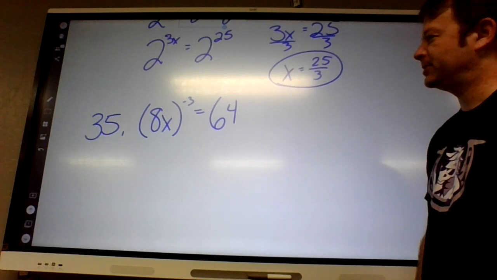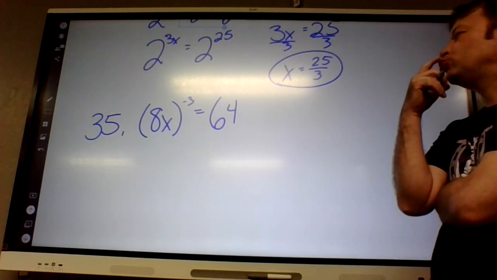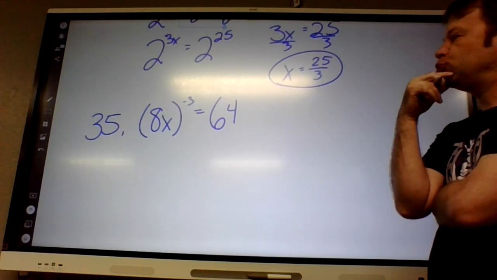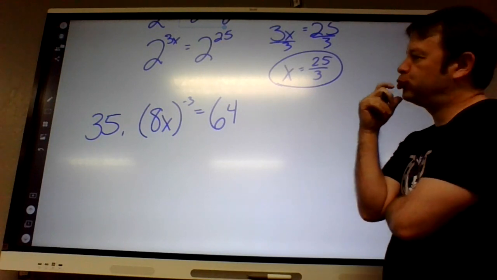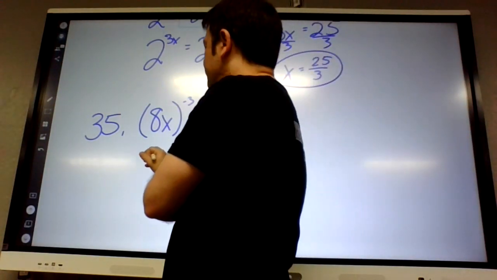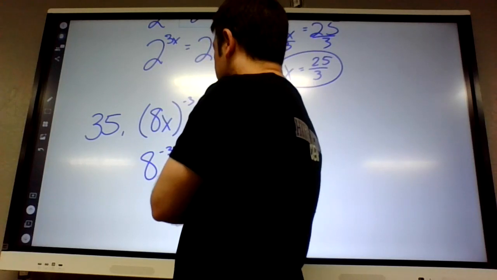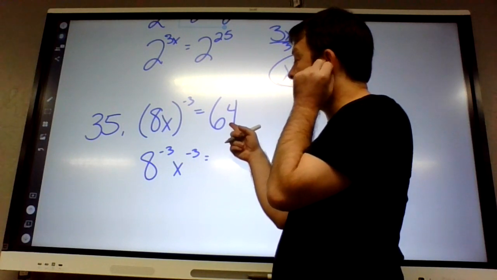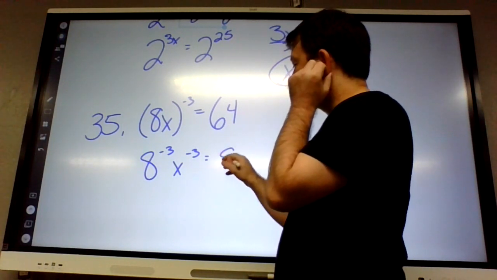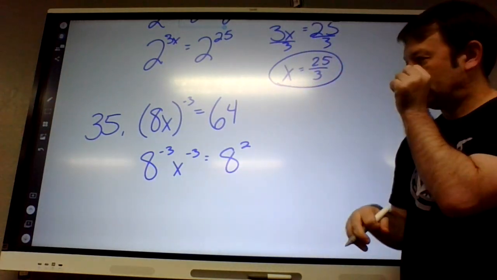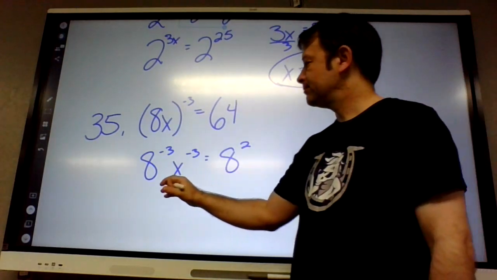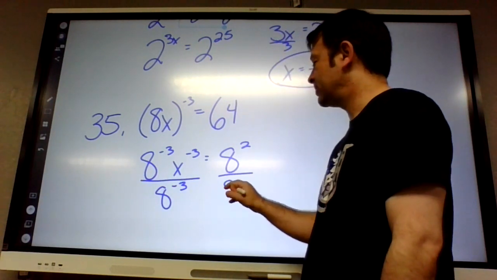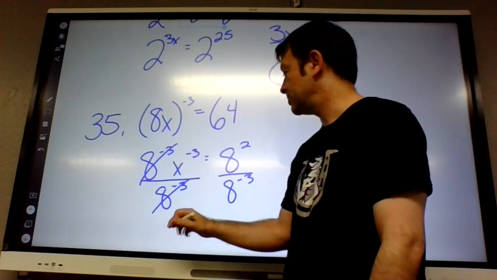There's a couple ways we could do it. 64 can be written as a power of 8, right? 8 squared. If I divide the 8, I don't know, I feel like there's an easier way, but I don't know what it is yet.